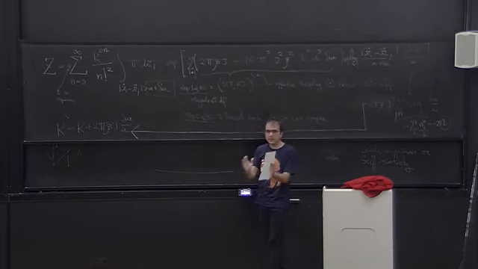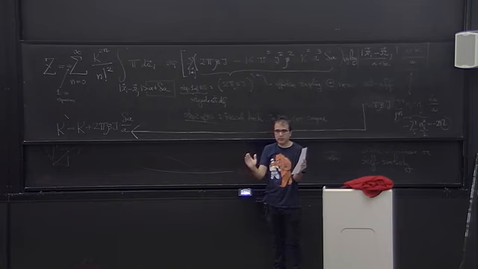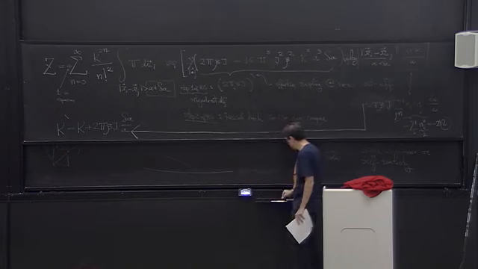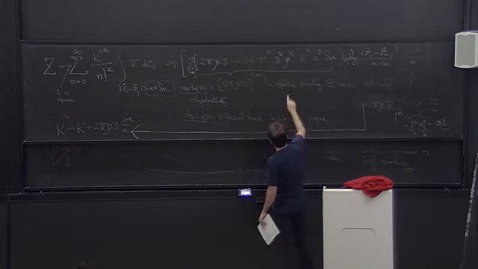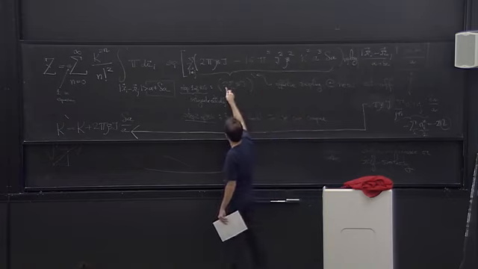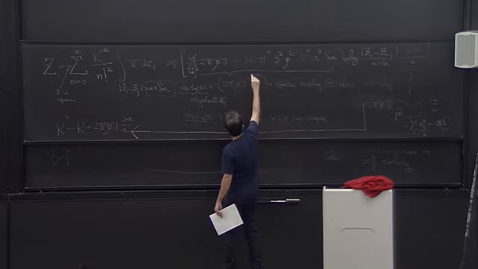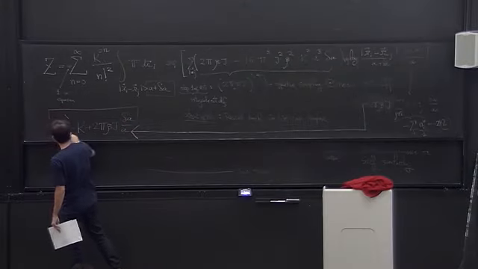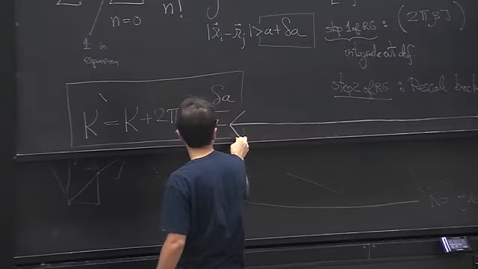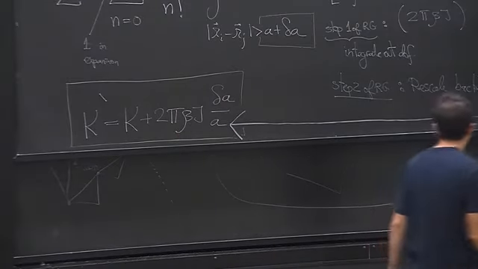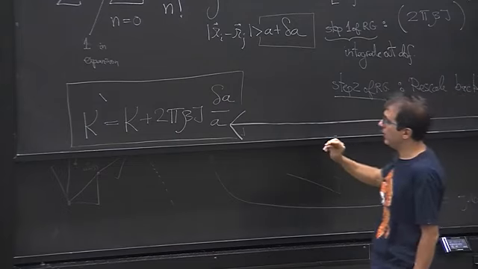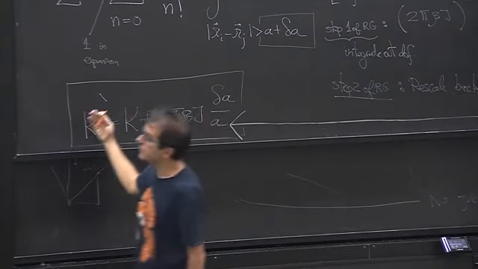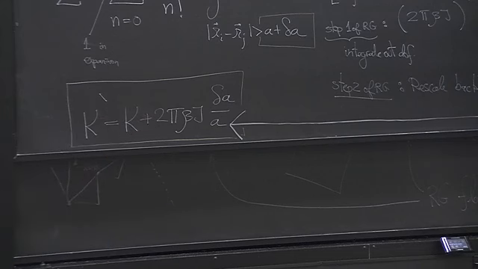So the claim is that zooming out, integrating out a little bit a cutoff, I went from a model with coupling 2 pi beta j to a model with this coupling and this chemical potential. This is what I would get here.